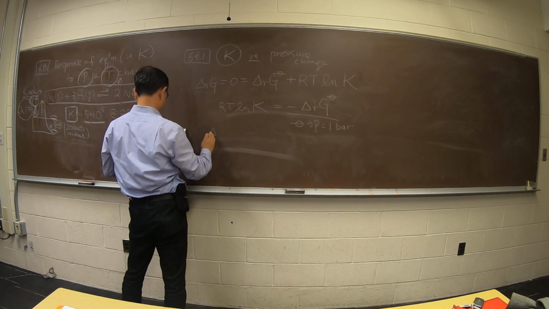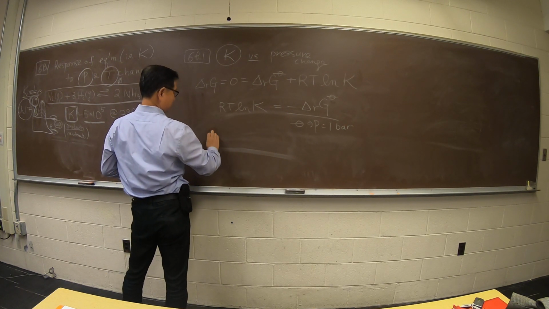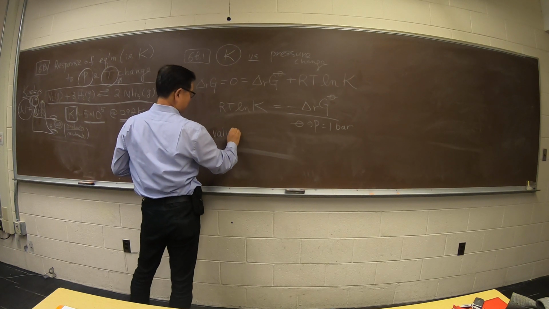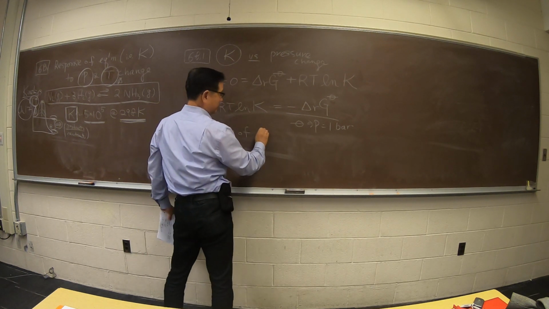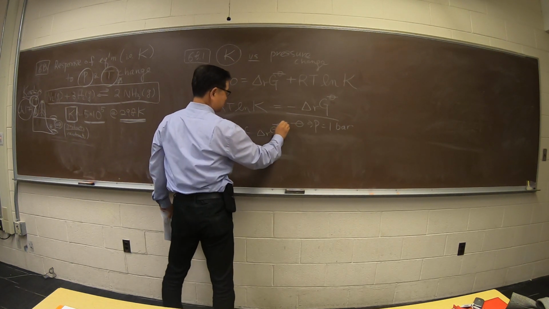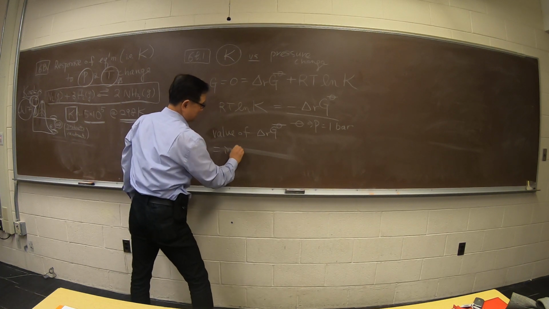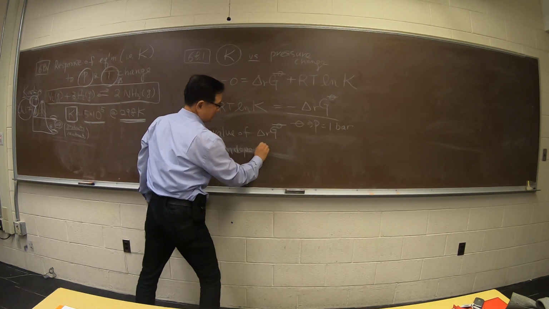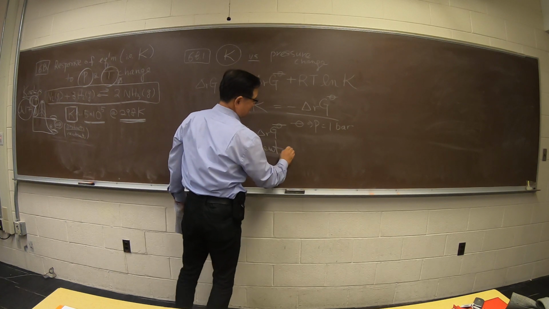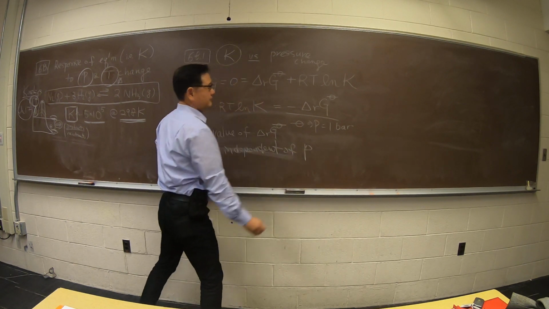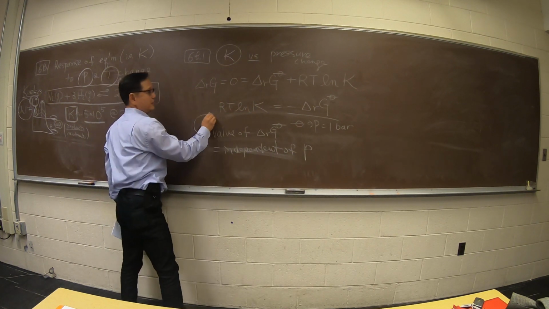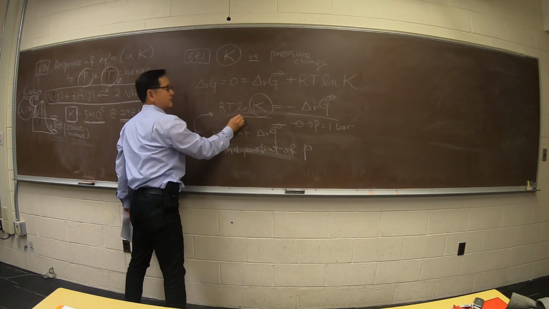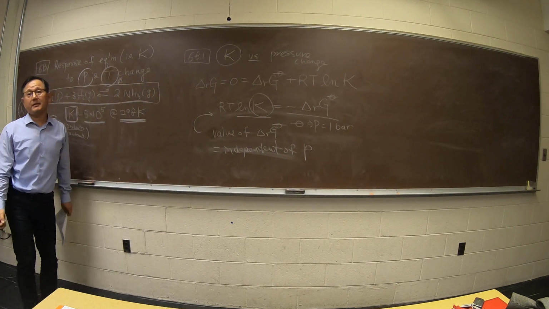The value of delta rG naught is independent of pressure. Therefore your K value itself, or ln K itself, is independent of pressure.